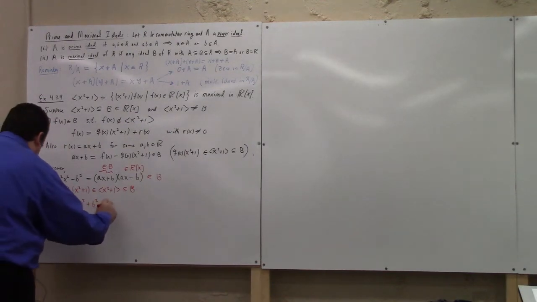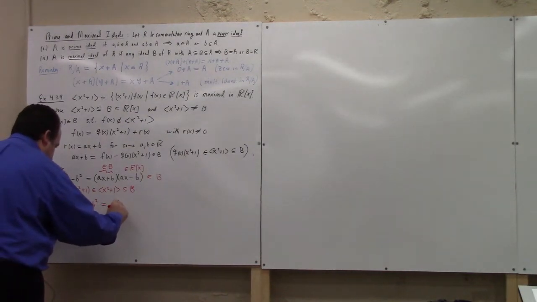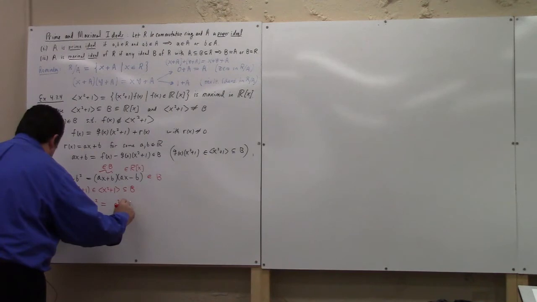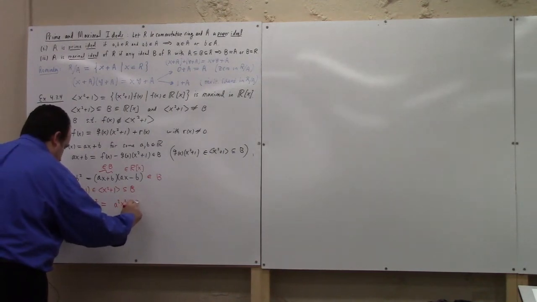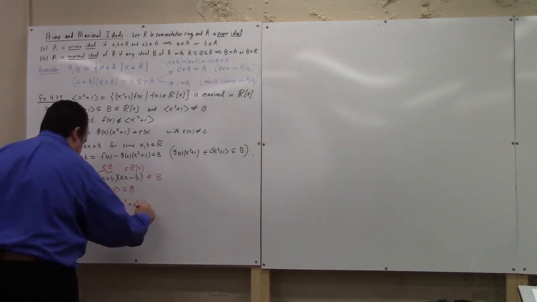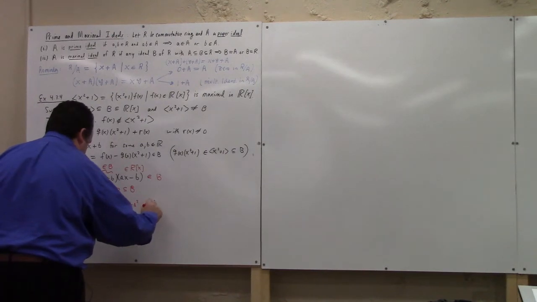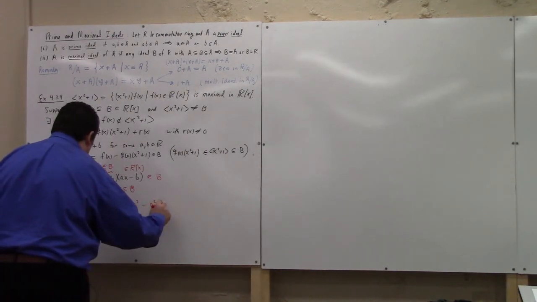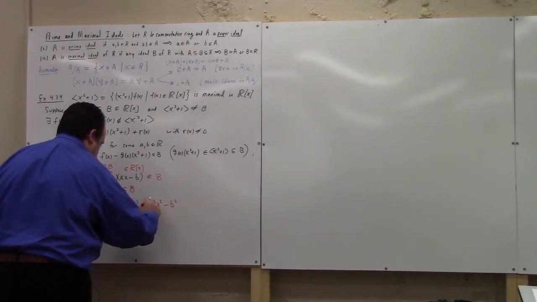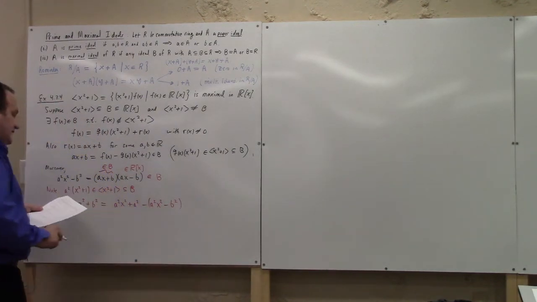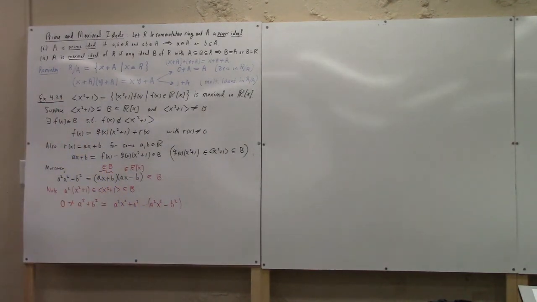And that's also equal to a squared x squared plus a squared, minus a squared x squared minus b squared. Check out the parentheses. So I've got an overall subtraction and addition of a squared x squared, and I've got a squared plus b squared overall there, yeah?